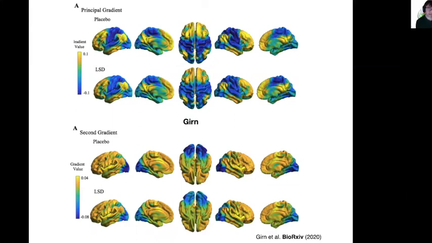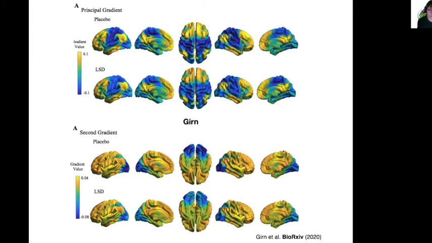As you can see, you can decompose a gradient comparably, and they kind of look the same if you just look at it real fast. You have a first and a second gradient that are localized in the same areas, whether you took a placebo or LSD before going in the scanner.